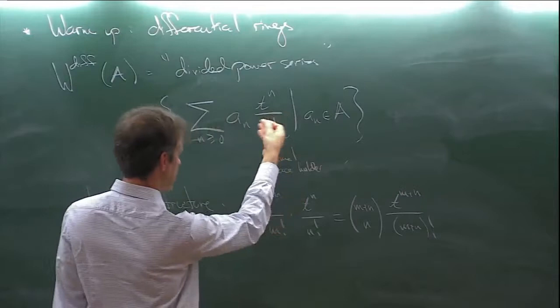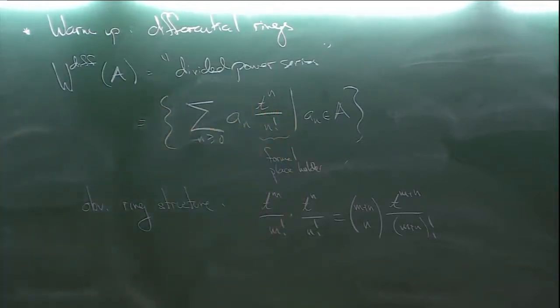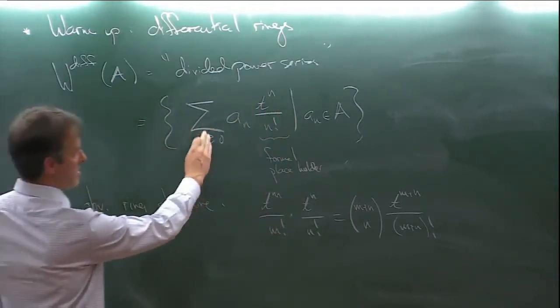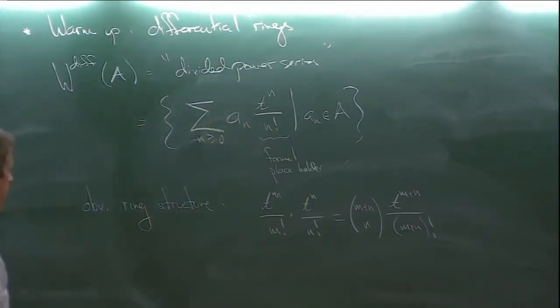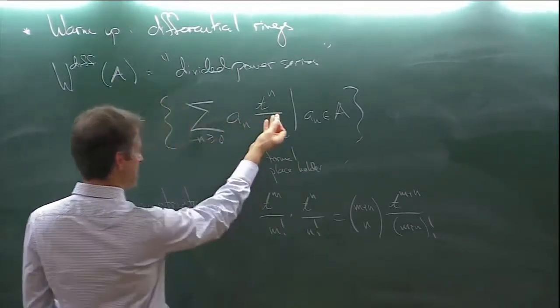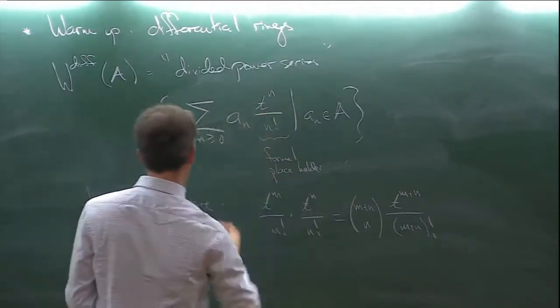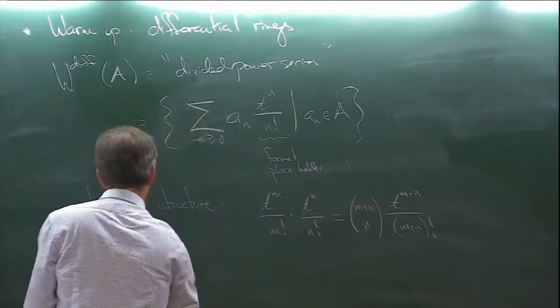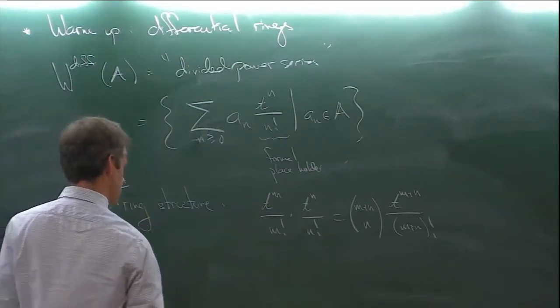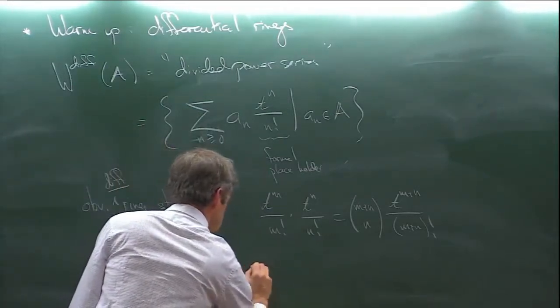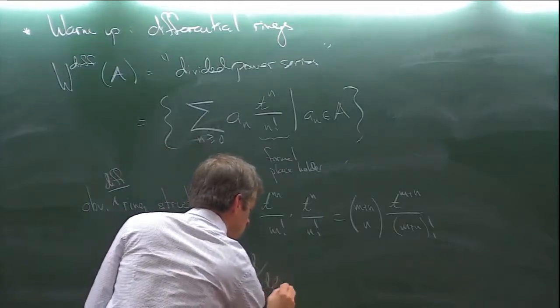Then you extend linearly and I guess p-adically continuously. That determines a unique ring structure on this. The additive structure is, of course, component-wise. And it also has a derivation, which is just differentiate with respect to t. So d, so obvious differential ring structure, and the d is just d by dt.